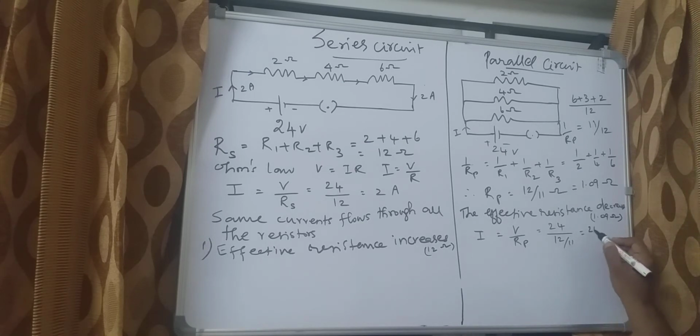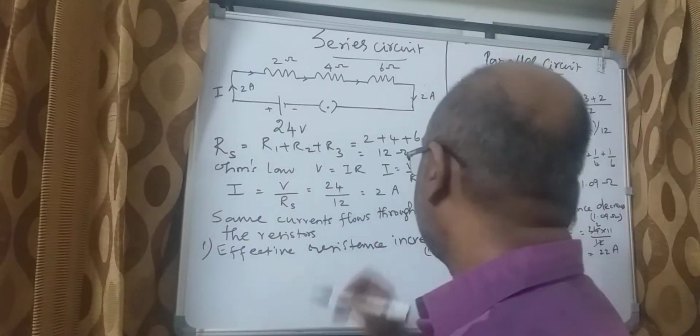That is equal to 24 into 11 by 12, that means 22 ampere of current is flowing, but here just 2 ampere.